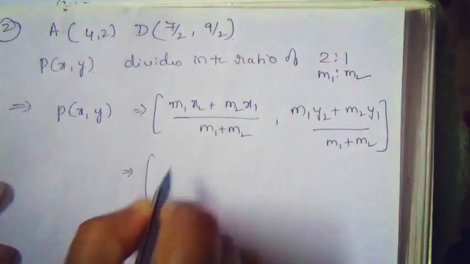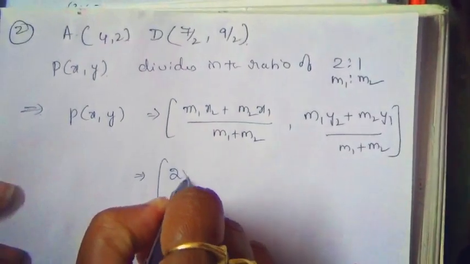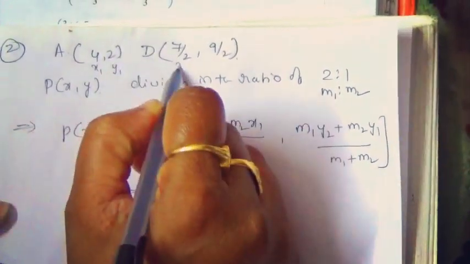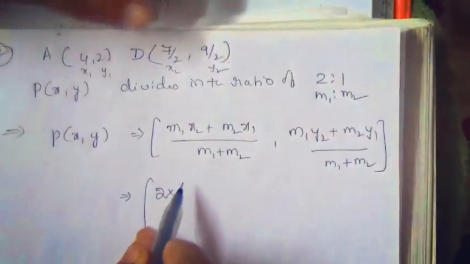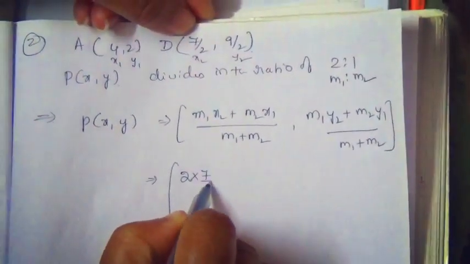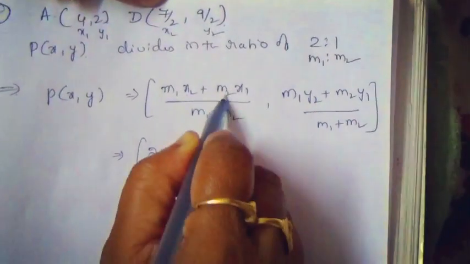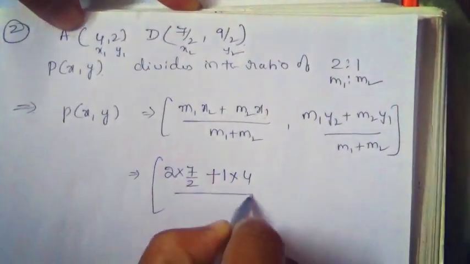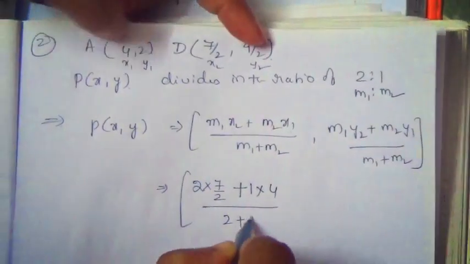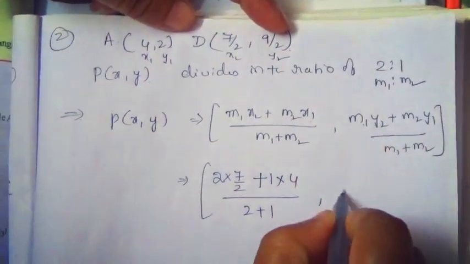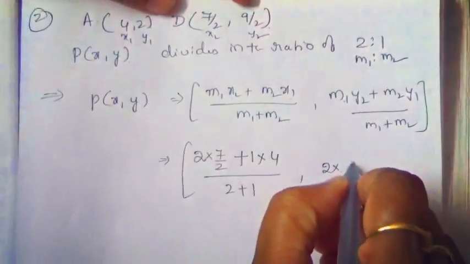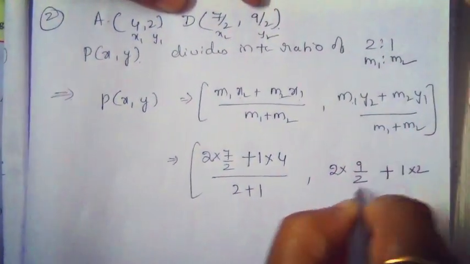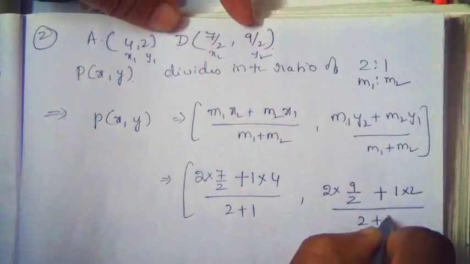So what is m1? 2 into x2. Here we have to write x1 y1, x2 y2, right? So here x2 is 7 by 2 plus m2, 1 into x1, 4, by m1 plus m2, which is 2 plus 1. m1 is 2 into y2, 9 by 2, plus m2, 1 into 2, by 2 plus 1.